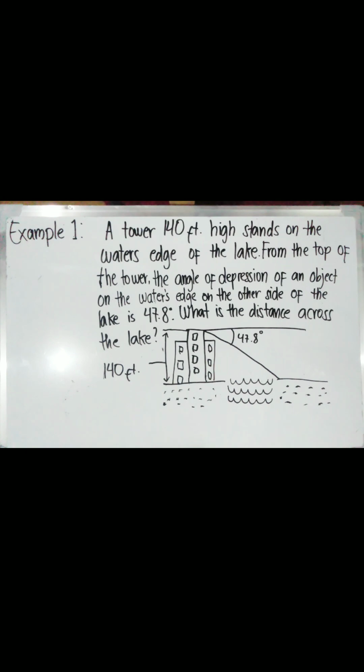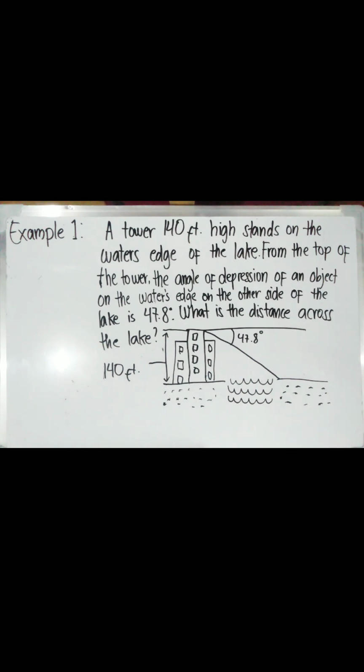So we have here example number 1. A tower of 140 feet high stands on the water's edge of the lake. From the top of the tower, the angle of depression of an object on the water's edge on the other side of the lake is 47.8 degrees. What is the distance across the lake?